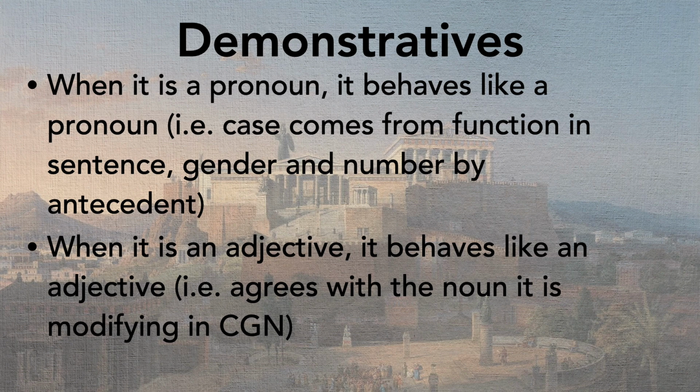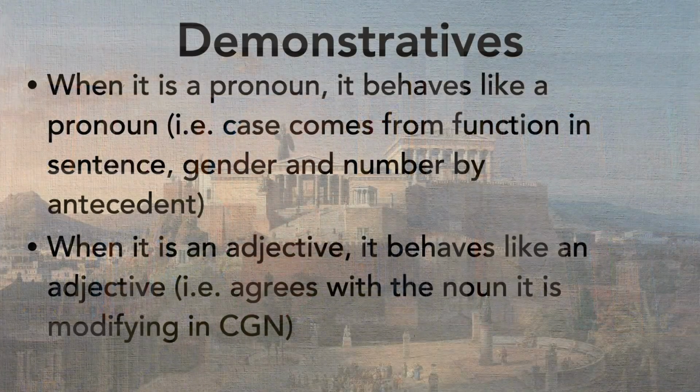Gender and number is going to come from the antecedent. And remember what an antecedent is? It's the word that the pronoun fills in for, okay? So if it's a masculine singular antecedent, then the demonstrative pronoun is going to be masculine singular, etc. If it's going to be neuter plural, then it's going to be neuter plural, etc. When it's an adjective, it's going to behave like an adjective.